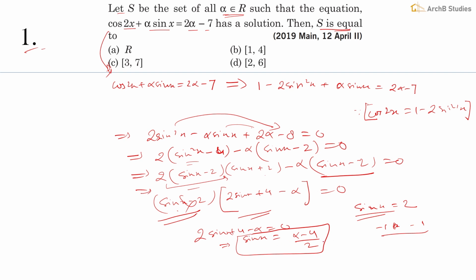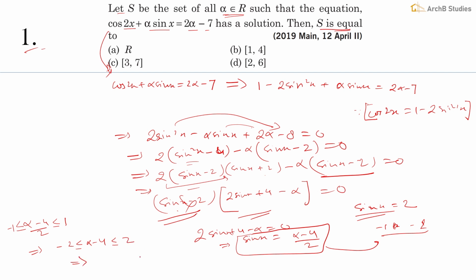Now just now I said that the value of sin ranges from minus 1 to 1. Okay, so we can write that alpha minus 4 upon 2 will be less than equal to 1 and greater than equal to minus 1. This gives us minus 2 less than equal to alpha minus 4 less than equal to 2.